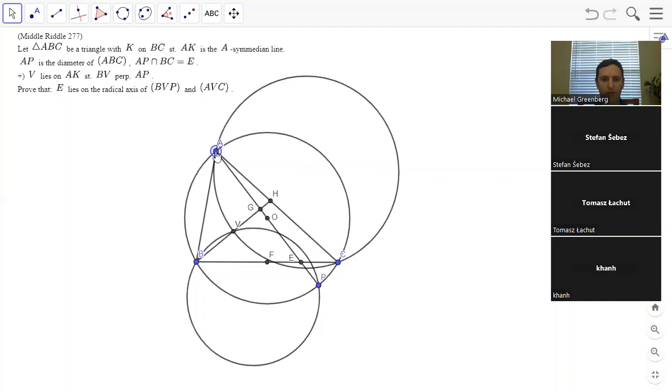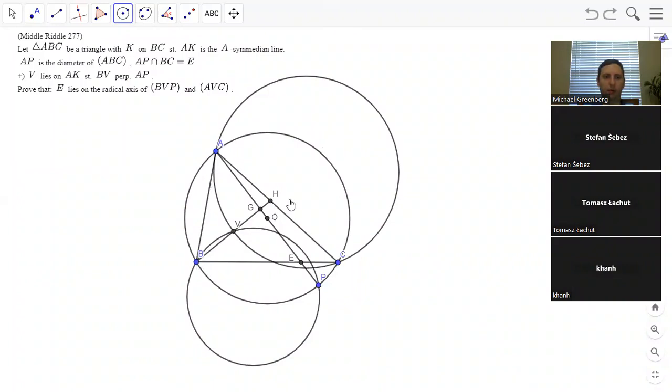Do I need point F? I'm going to delete point F. Well, it could be useful because V is the midpoint of BH, so FB would be parallel. So let's see. V lies on the symmedian.